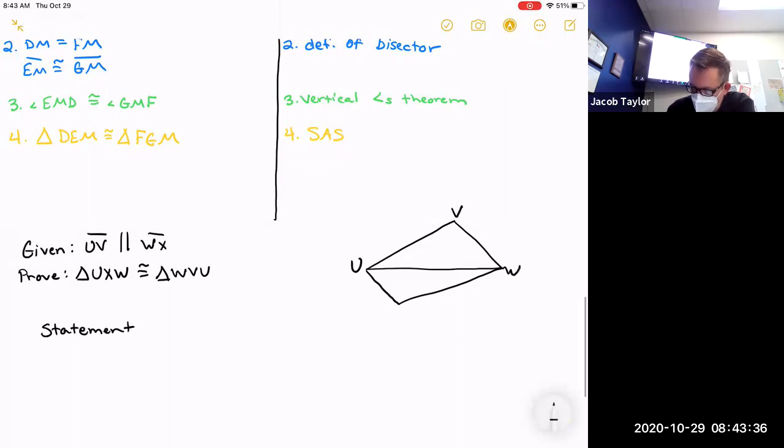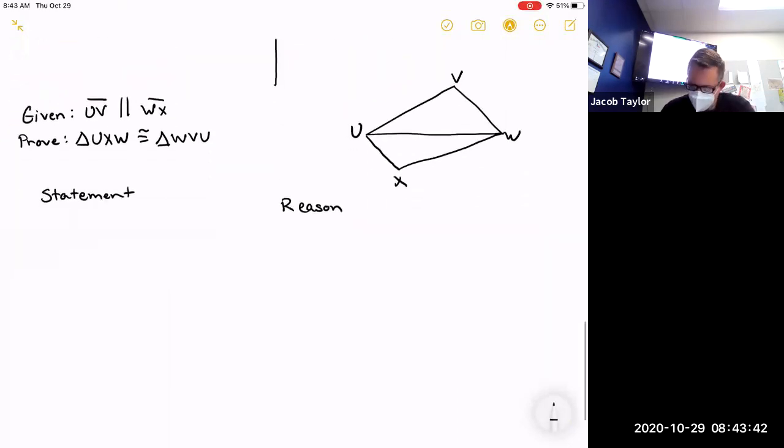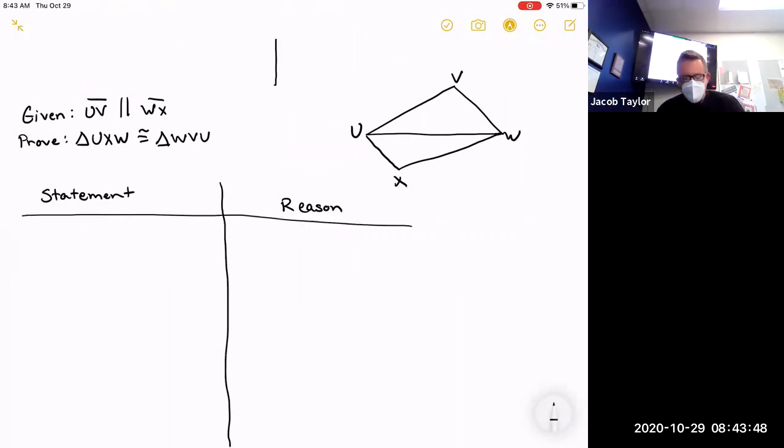Or side, yeah. Yes, I did. They're right there. Number 1, UV parallel to WX because given.